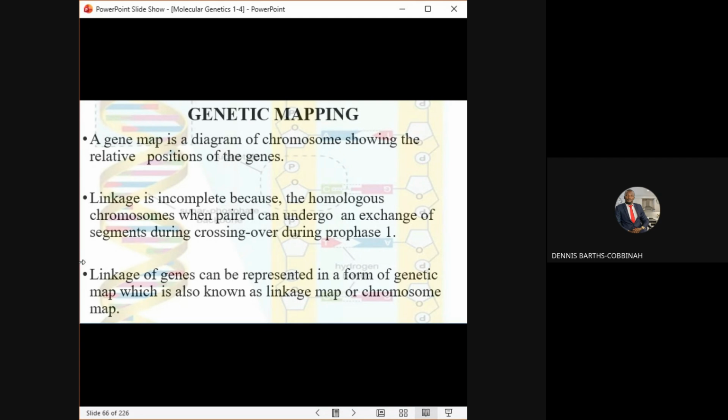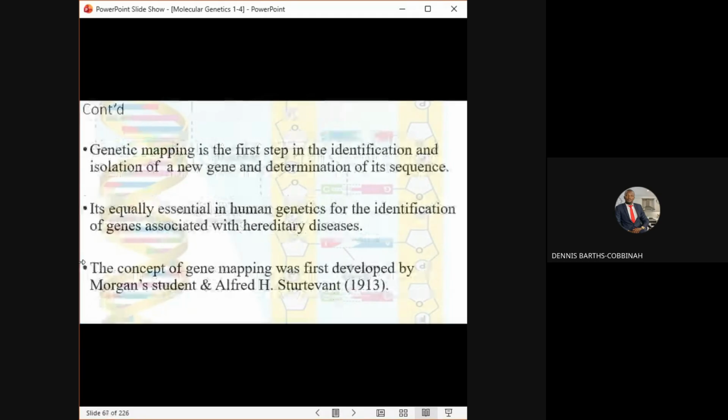Right. Linkage of genes can be presented in the form of a genetic map, which is also known as a linkage map or chromosome map. So the relative distances between these genes or alleles present on the chromosome is regarded as the map.